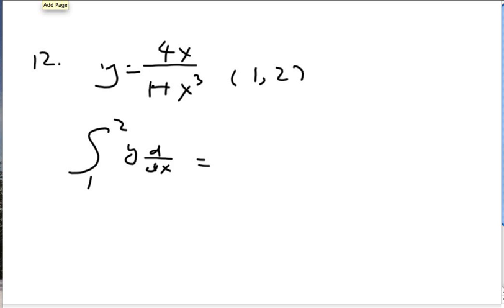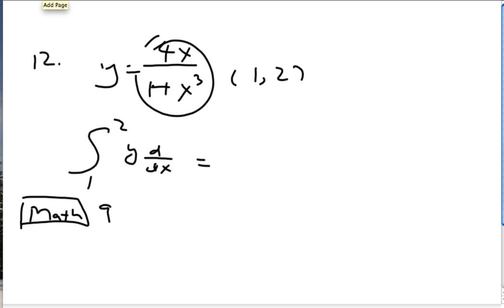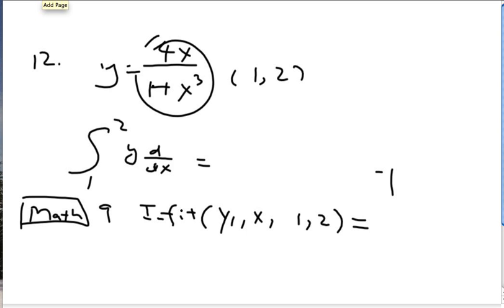You just plug this equation into a calculator using the math menu, press math 9, tap y1 using x equals 1, 2, and it gives you an answer. Number D, 4.5. Hope you get it right.